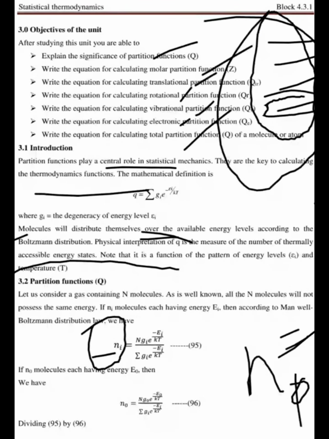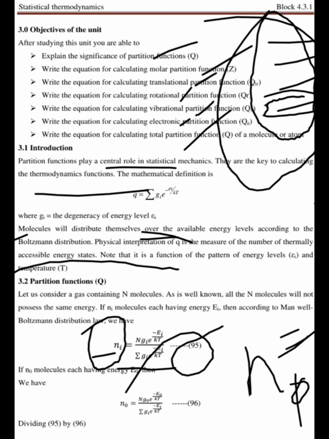Ni is equal to N into Gi e to the power of minus Ei by kT, divided by the summation of Gi into e to the power of minus Ei by kT. That is equation 95.